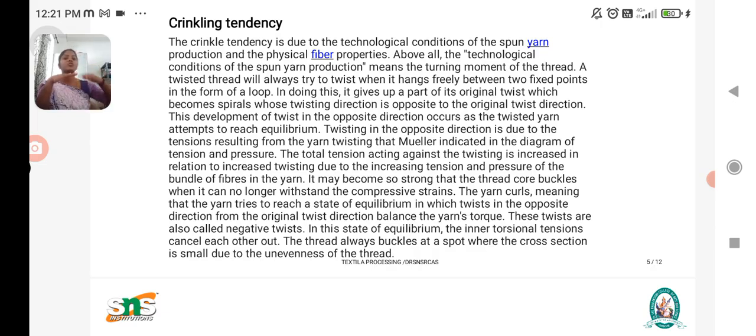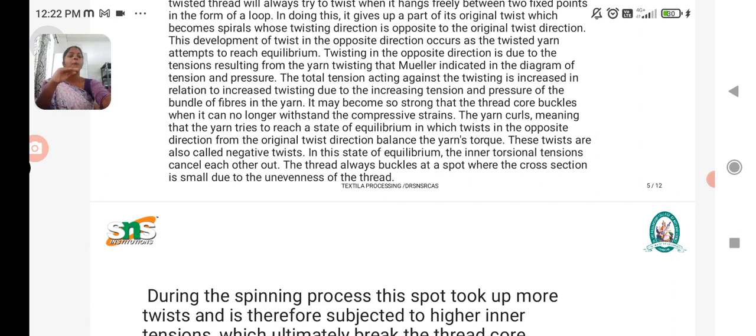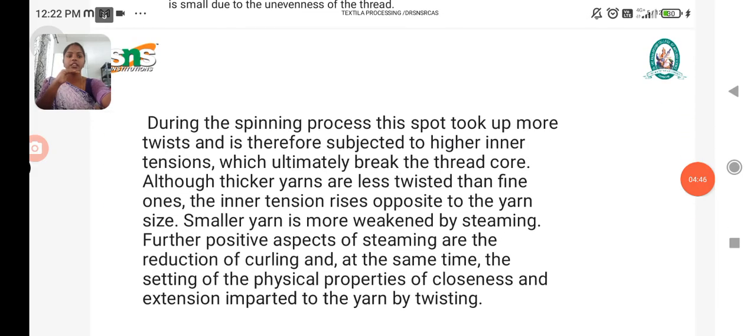It may become so strong that the thread core buckles when it can no longer withstand the compressive strains. The yarn curls, meaning that the yarn tries to reach a state of equilibrium in which twist in the opposite direction from the original twist direction balances the yarn's torque. These twists are called negative twist in this state.